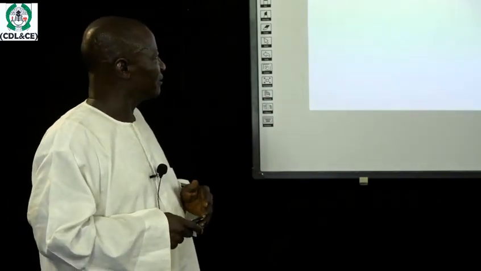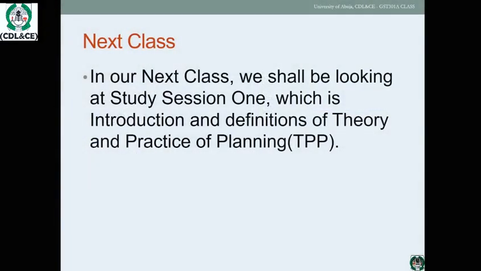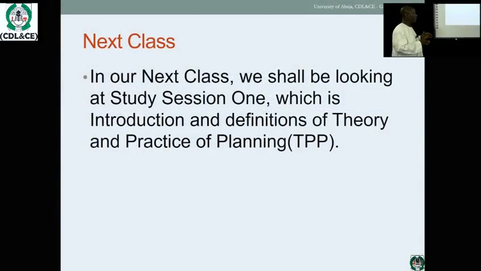Having said that, I just want to say that I will move further in the next class by looking at the in-depth issues that matter in theory and practice of planning.